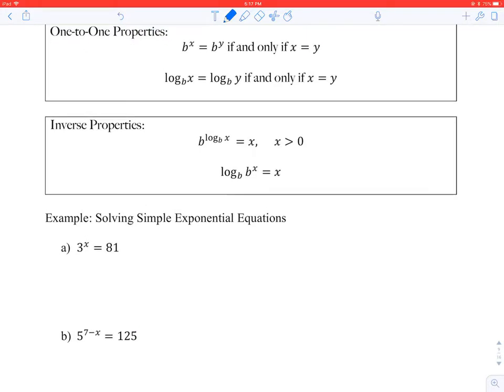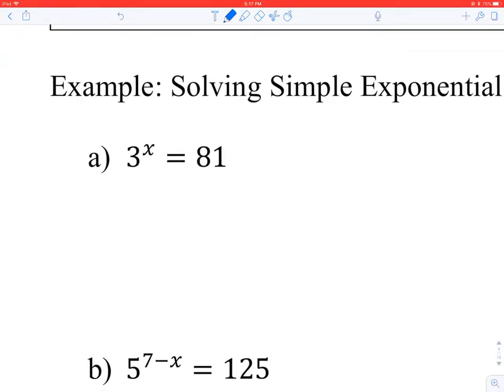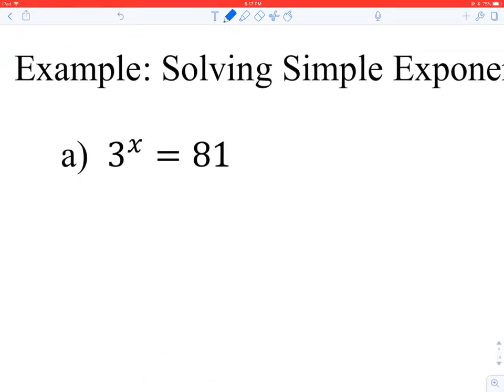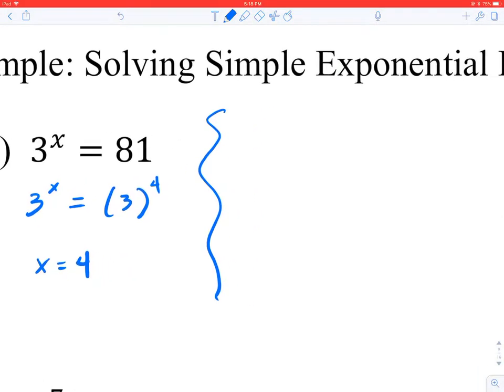So if we wanted to solve this simple exponential equation, it's really nice when we're able to use the one-to-one property, but if you don't see using the one-to-one property right away, that's okay. We can actually write 81 as 3 raised to the 4th power, where then by the one-to-one property, x has to be equal to 4. But if you didn't know that 3 raised to the 4th power is 81, that's okay.